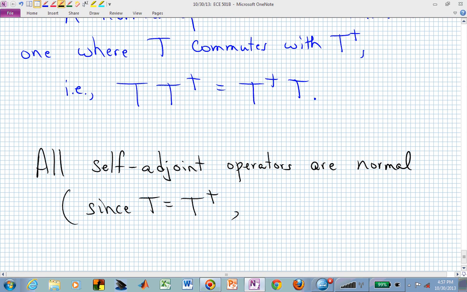Since T is equal to T dagger, T times T dagger is equal to T times T, which is equal to T dagger T, or T squared. So you're just repeating that map twice is really what that would be saying if you needed to show that T T dagger is T dagger T. Well, they're both TT if T is self-adjoint.